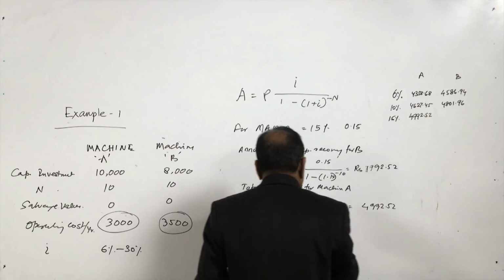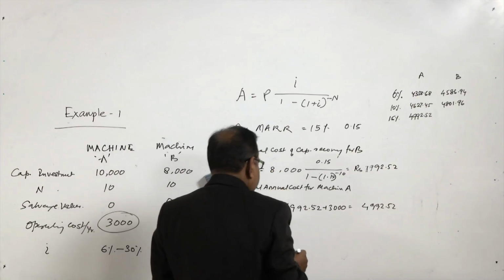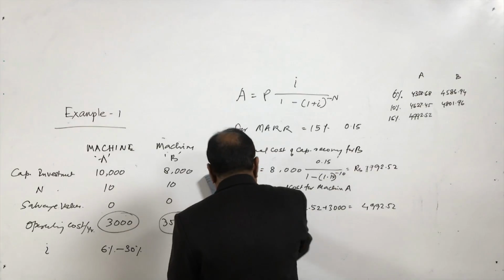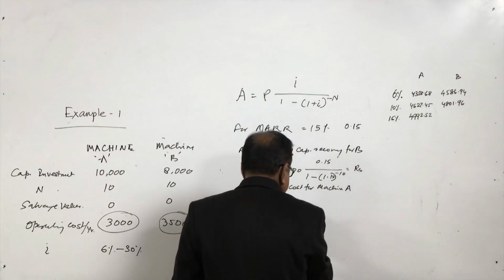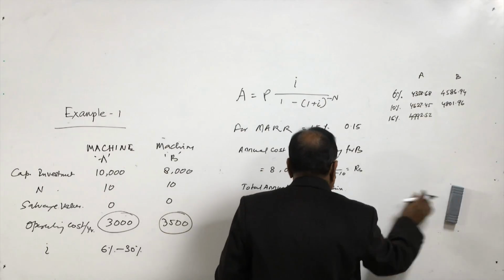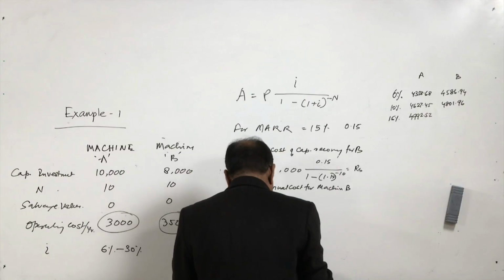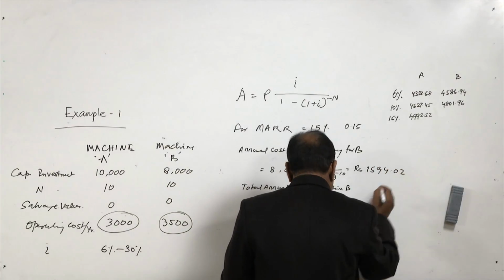Now, if you go for B, this is 8000. This comes out to be 1594.02.